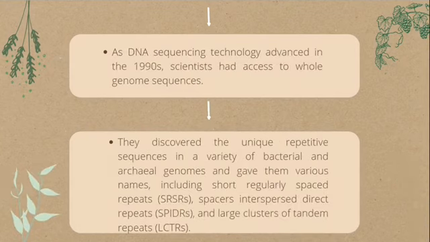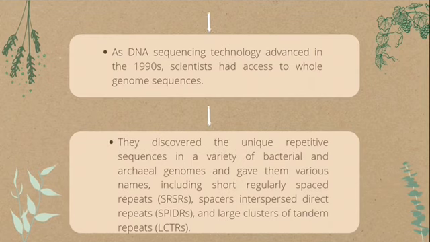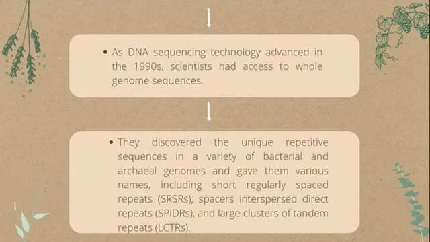As DNA sequencing technology advanced in the 90s, scientists had access to whole genome sequences. They discovered the unique repetitive sequences in a variety of bacteria and archaea genomes and gave them various names, including short regularly spaced repeats, spacer interspersed direct repeats (SPIDR), and large cluster of tandem repeats (LCTR).